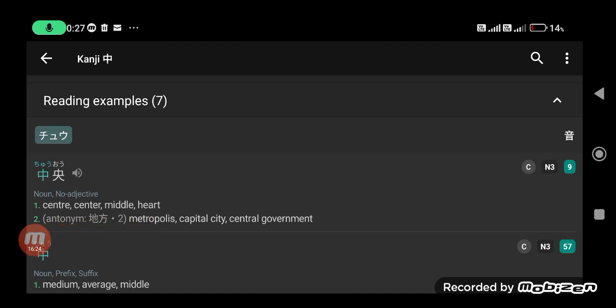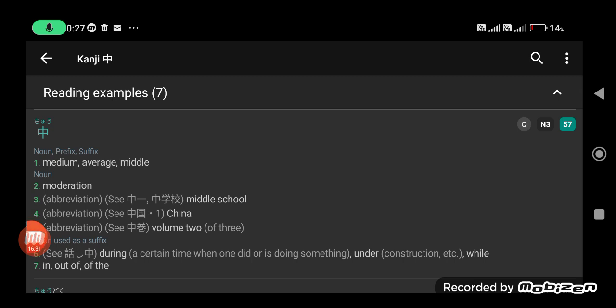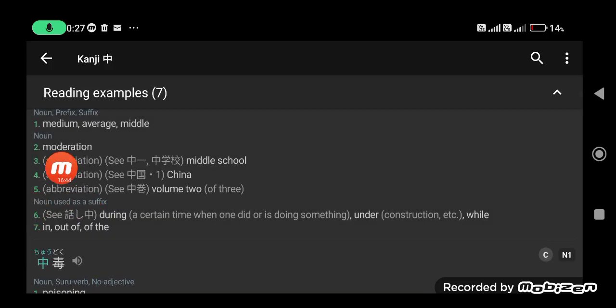Chuo. When this chu is used as a prefix or even as a suffix, it means medium, average, middle, or it could also mean in moderation. Say in middle school, chugakko. Middle school is junior high school, usually 14 or 15 years of age.